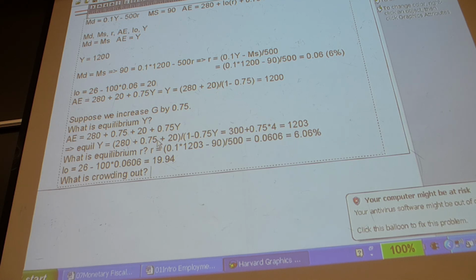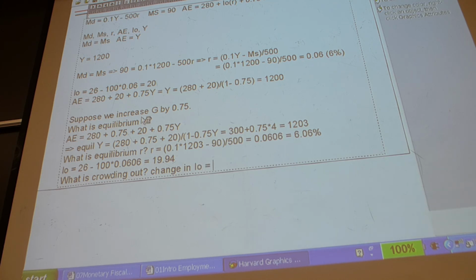Crowding out is the difference between the original investment and the new investment. So you can do it like it's the change in I0, which in this case would be 19.94 minus 20, which is minus 0.06 as an amount. Okay, good.